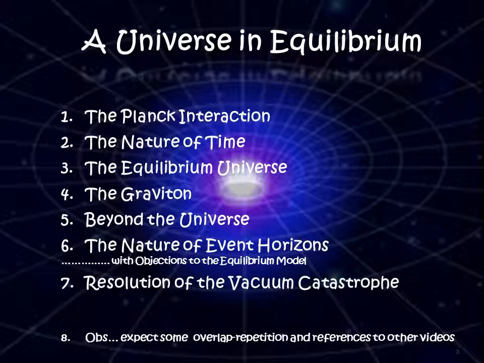We have, beyond the universe, the deterministic factors which make up all of the Planckian, the quantum mechanical necessities. We'll be talking about the nature of event horizons, and we'll also look at some objections to the equilibrium model, and also about the resolution of the vacuum catastrophe.